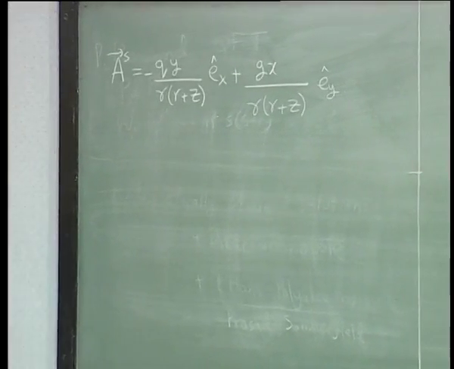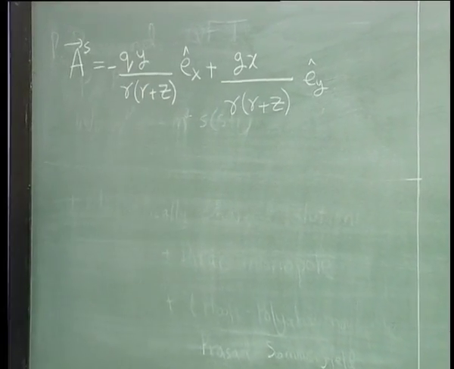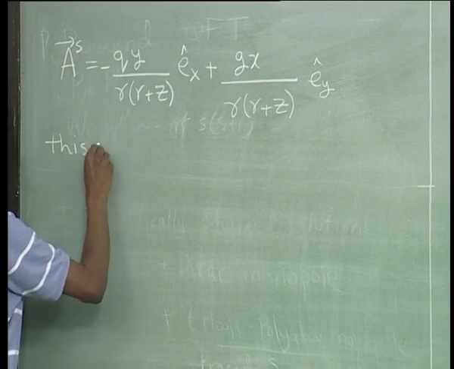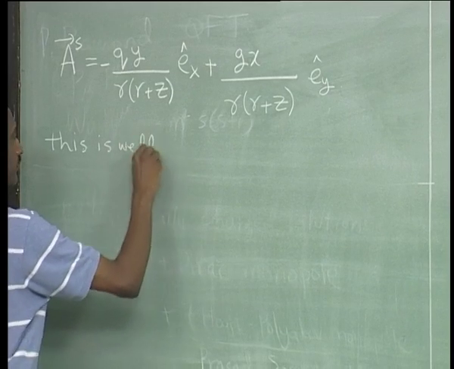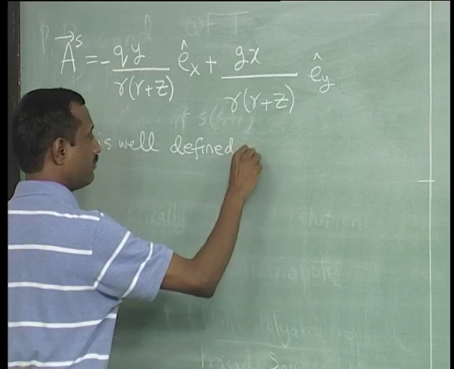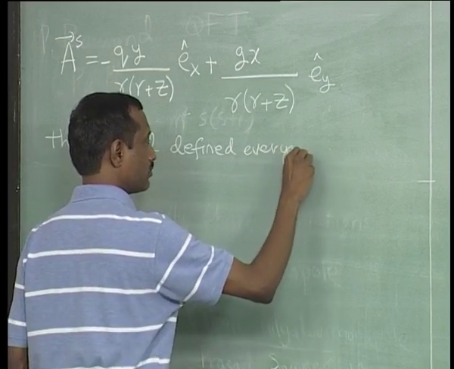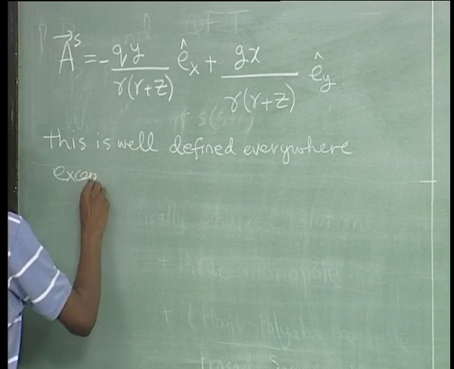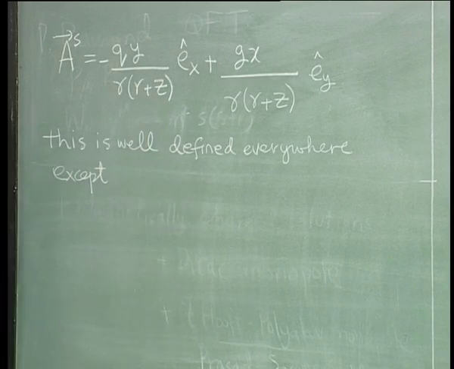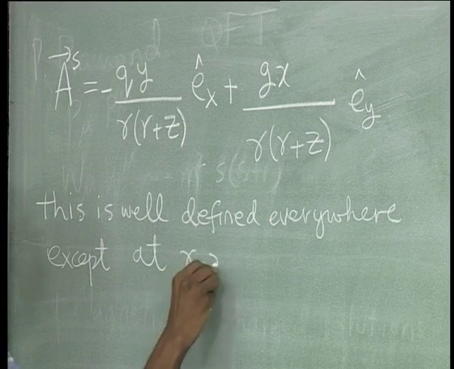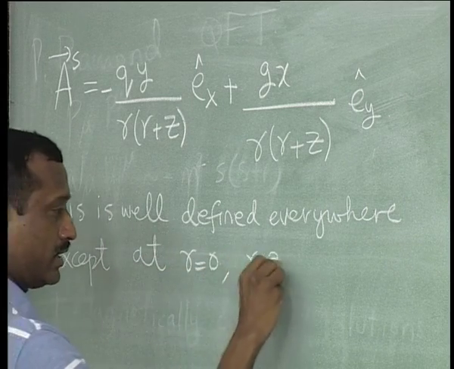okay. So, let us see where this is well defined. It is well defined everywhere except when this thing blows up, at r equal to 0 and r plus z equal to 0.